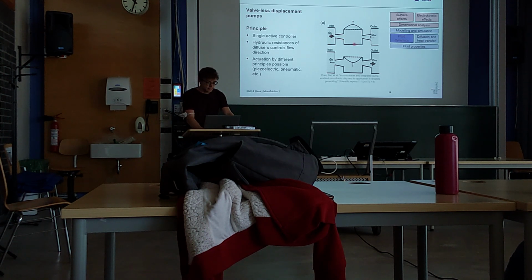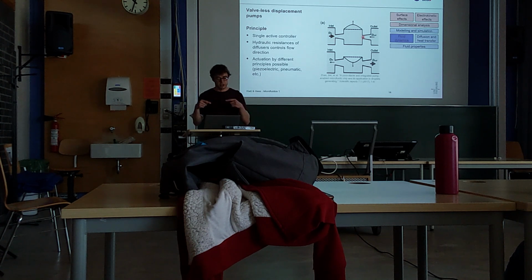And this element only makes use of the diffuser effect, so that you have an increase or decrease of your cross-sectional area, so that the area at this position suddenly gets bigger. In this case, obviously, you always have a flow into the control chamber from both sides and an outflow in both directions.